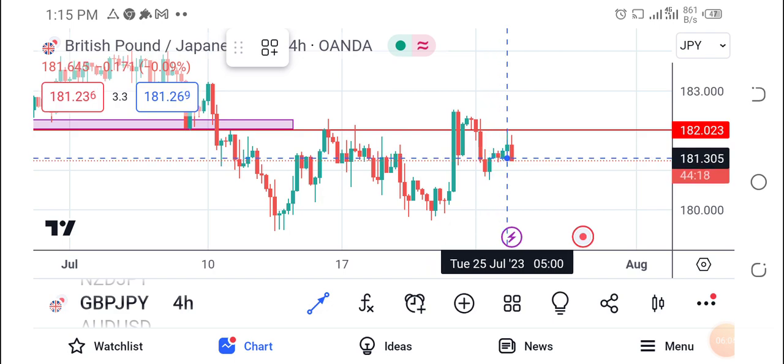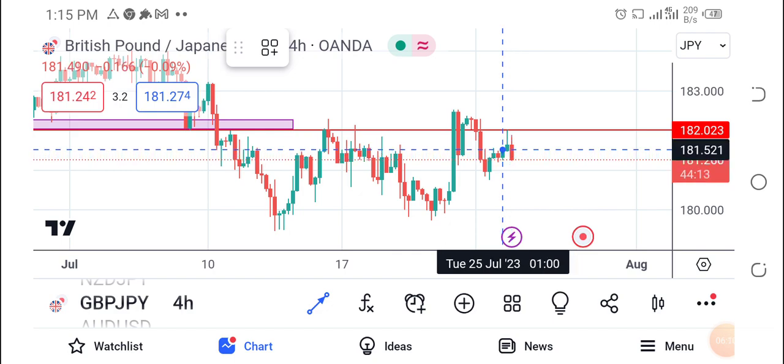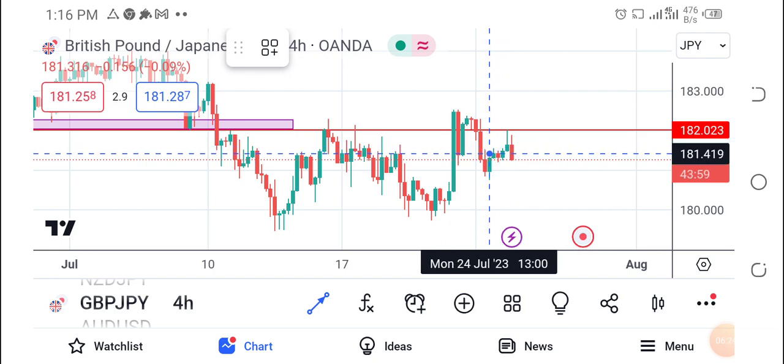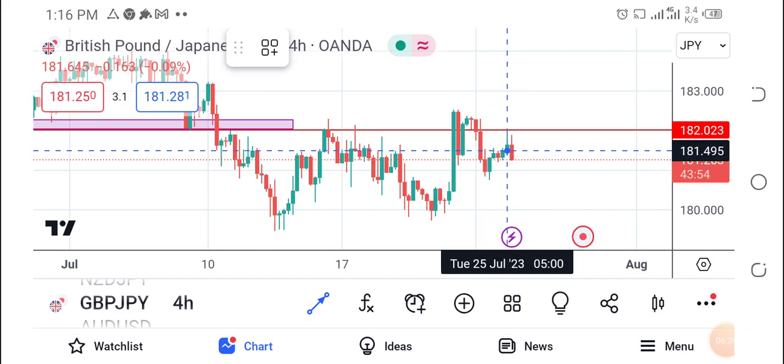So we can see at this point a bearish engulfing candle is forming. It's also important for you to know that a bearish candle is not necessarily the red candle, although that is what is normally obtainable in most charts. But I think the best definition of a bearish candle is a candlestick that closes below the opening price.